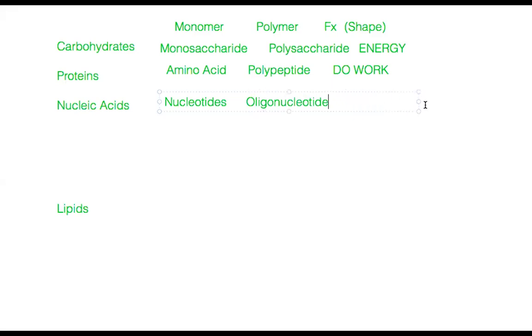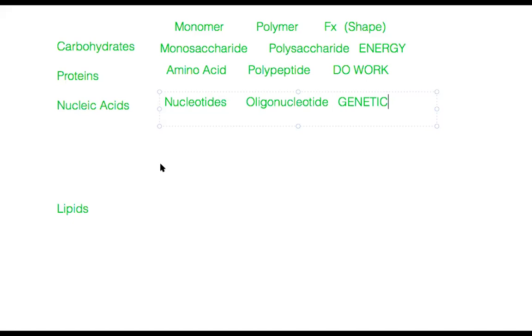And the function for our nucleic acids, these are our genetic material, right? DNA holds our genetic code. RNA is the messenger that helps transport out of the nucleus, and then it is the instructions to make proteins. So nucleic acids are our genetic material.